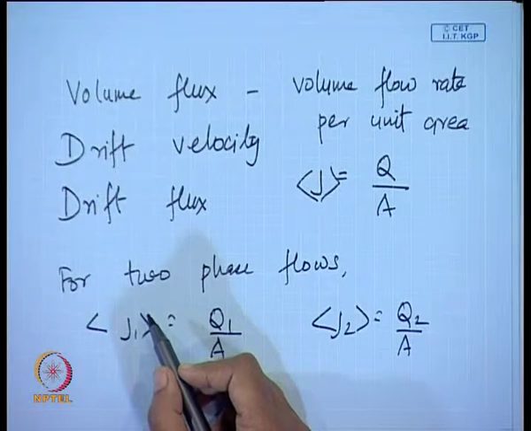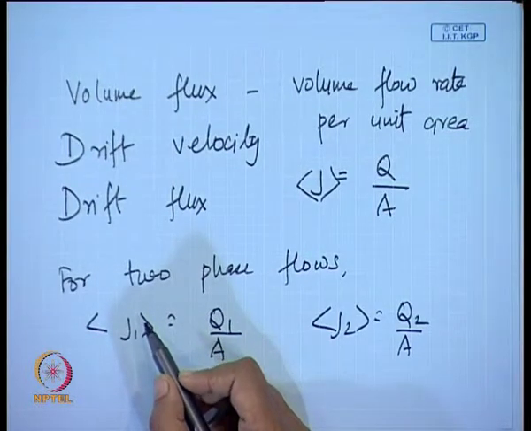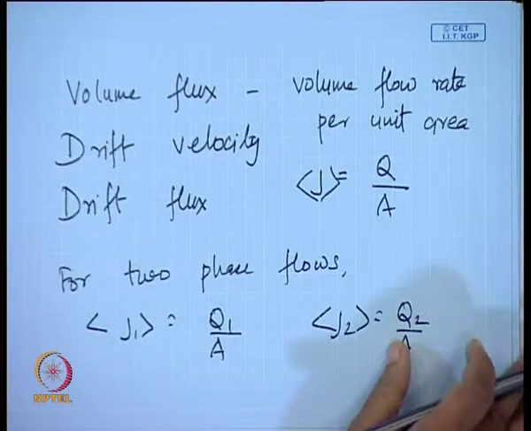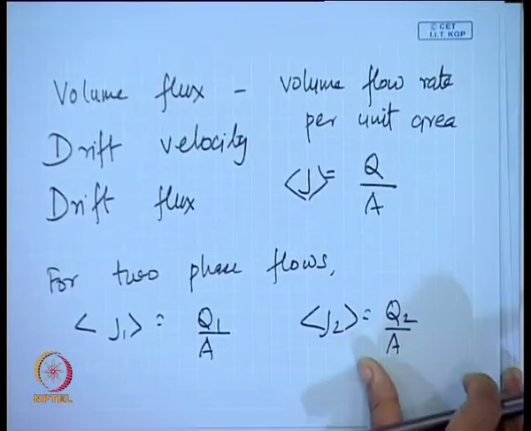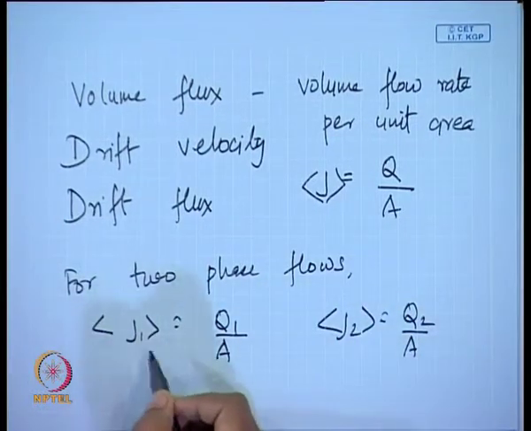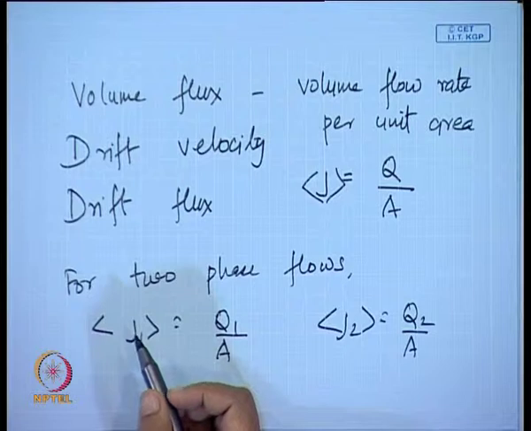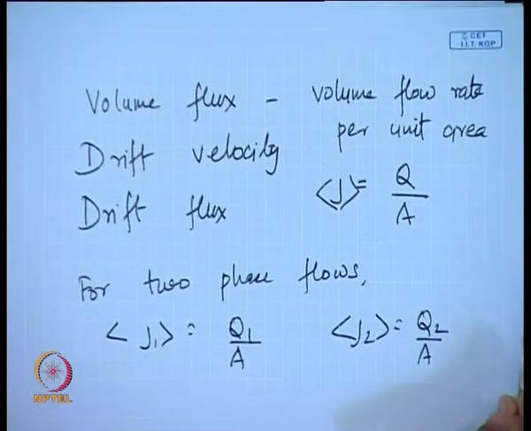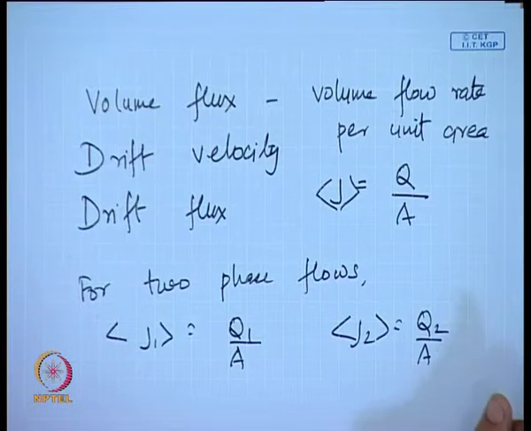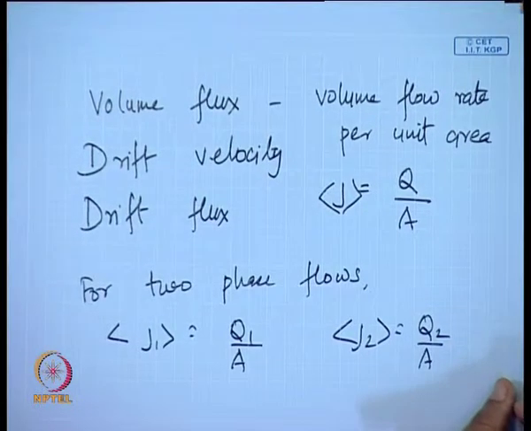When there is no variation across the cross section, the local flux and the average flux are the same. Since we will be dealing mostly with one dimensional flow situations, under normal circumstances we are not going to put these brackets every time. Just like single phase flow, whenever we put those brackets they denote the cross sectional average values, and usually we omit them.